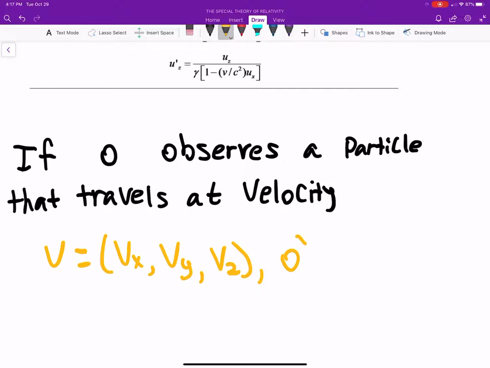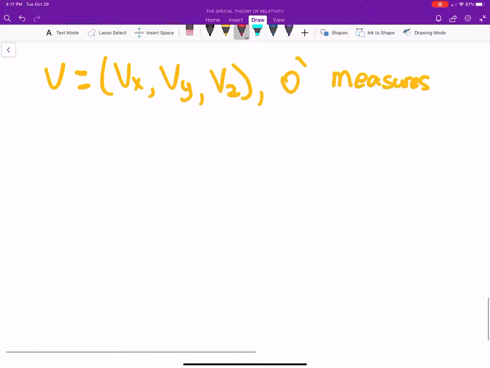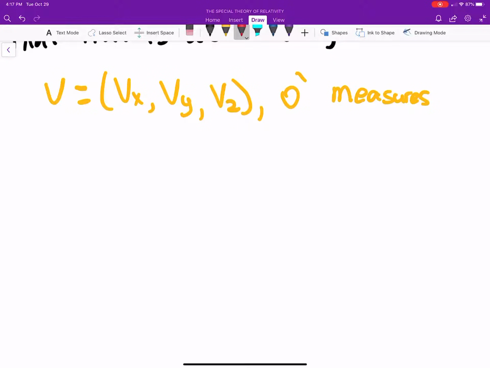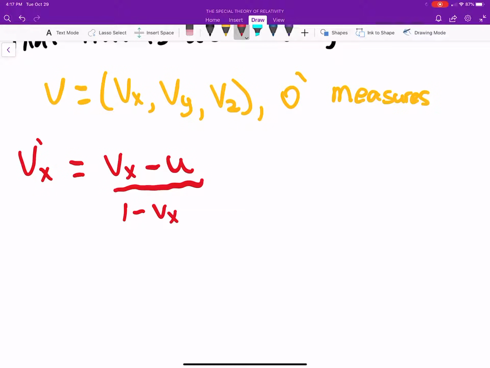O prime measures, and I'm going to write these in the way we're familiar with. So V prime of x, the velocity from O prime's point of view, is Vx minus u all over 1 minus Vx u over c squared.